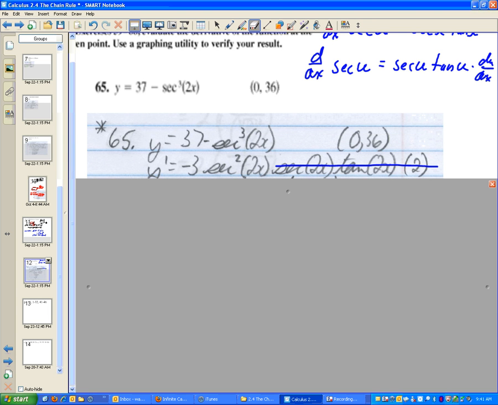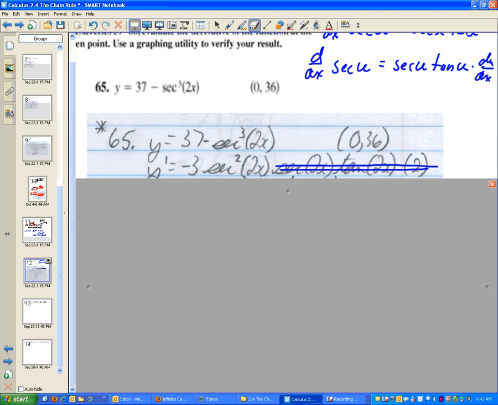So what I have so far is n times u to the n minus 1. What's the end of the chain rule? Times the derivative of u.